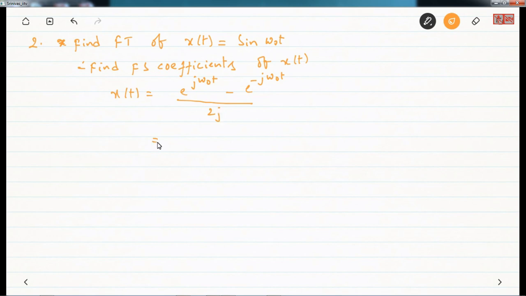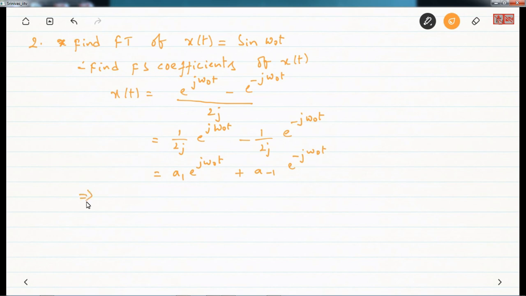That is nothing but 1 by 2j e^(j omega naught t) minus 1 by 2j e^(minus j omega naught t). So this is in the form of a_1 e^(j omega naught t) plus a_minus1 e^(minus j omega naught t).